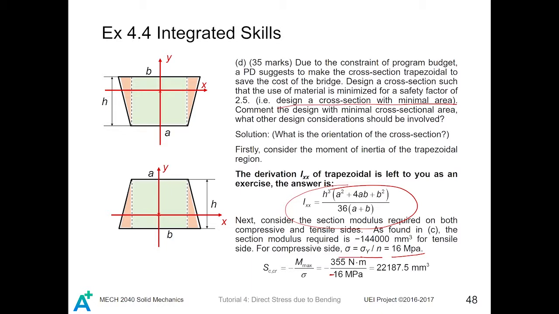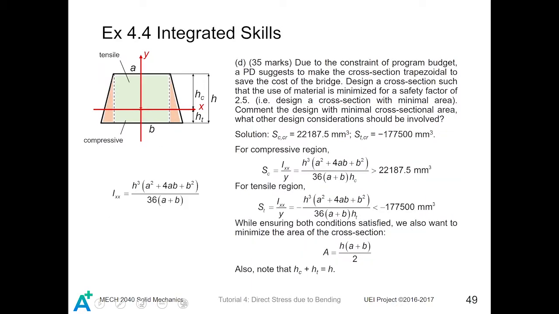Consequently, we will get the section modulus, which is 22187.5 mm3, which is positive. So now for the compressive region, the section modulus should be greater than this value, while for the tensile region, the section modulus should be less than this value. That is, we want the section modulus to have higher magnitude.